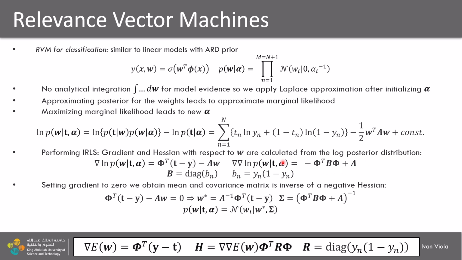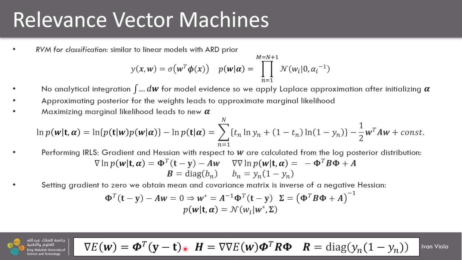However, that will be only once we find the mode W, and then the Hessian at that location will be evaluated. So we will need to perform this iterative reweighted least squares several iterations until we converge, with this gradient and this Hessian matrix being used in the iterative reweighted least squares.